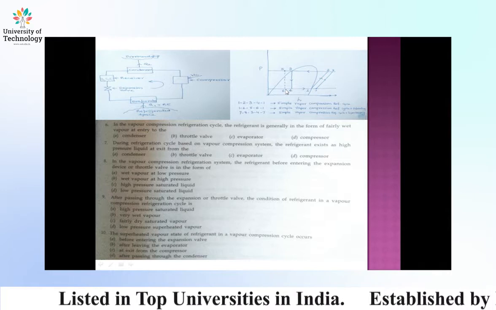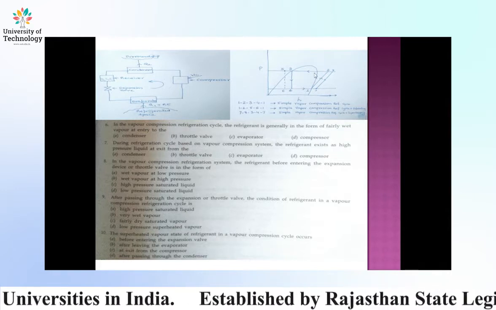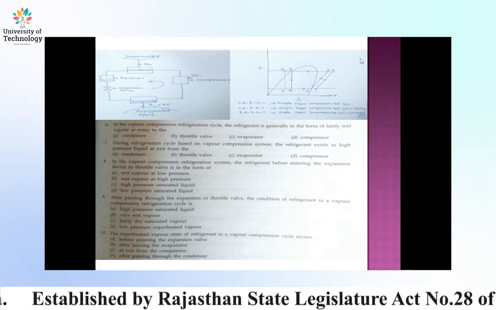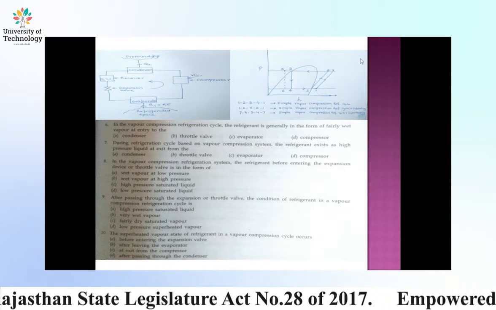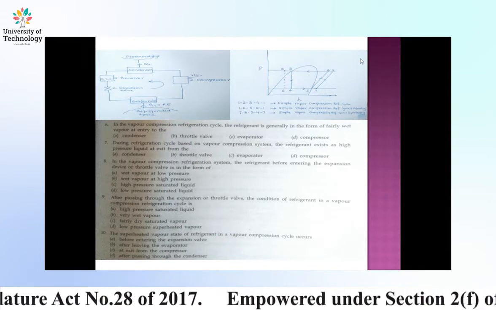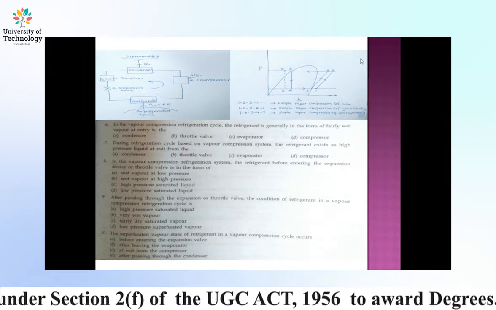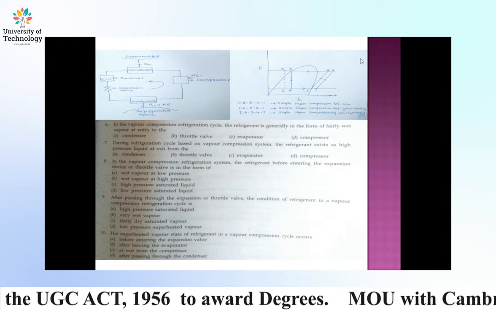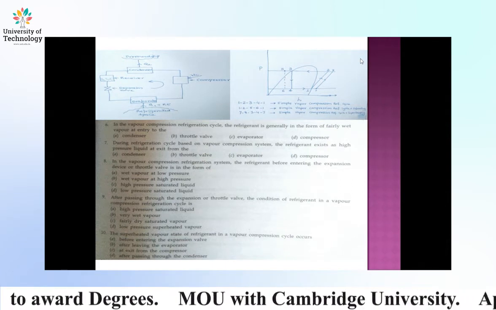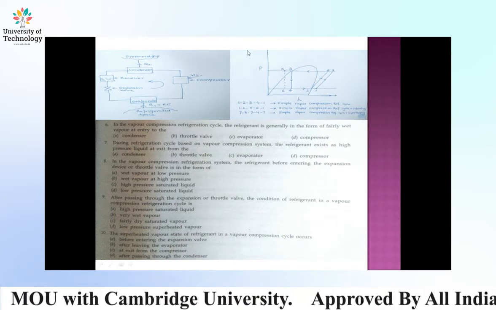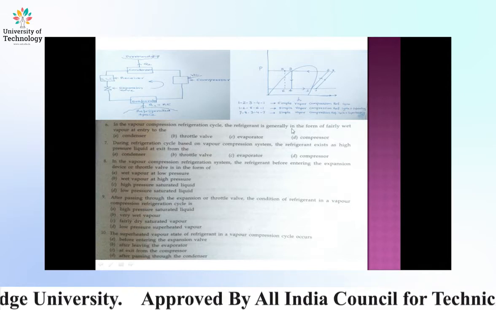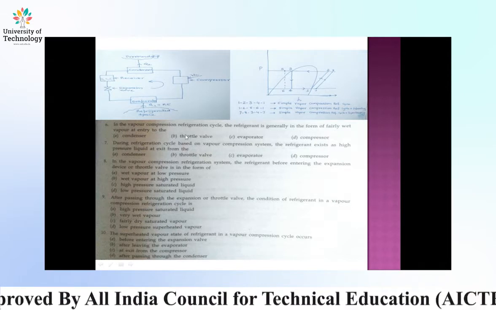At point 4 we know that 4 to 1 or 6 to 1 is the evaporation. It takes place in the evaporator. Points 4 and 6 are the inlet of the evaporator. So now look at the question. In the vapor compression refrigeration cycle, the refrigerant is generally in the form of fairly wet vapor at the entry, at point 4 or point 6.